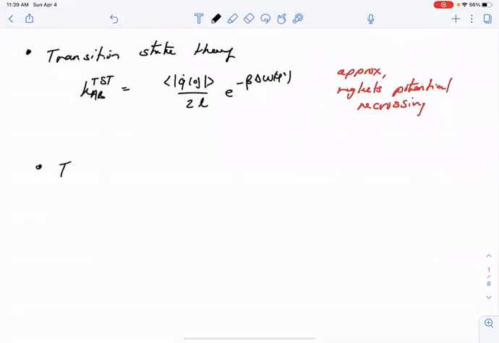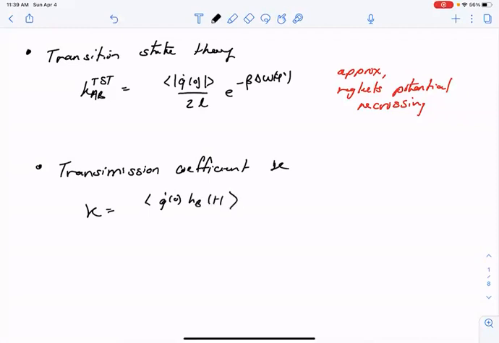Most recently, we discussed how to correct transition state theory through the calculation or study of the so-called transmission coefficient, often denoted kappa, which is just defined as the rate in its full glory divided by the transition state theory estimate. The factors of the probability to get to the top of the basin cancel.